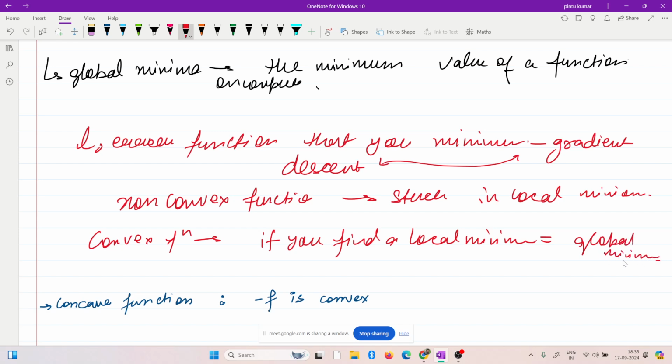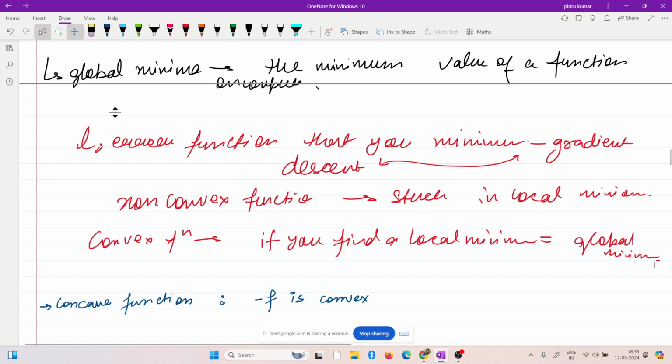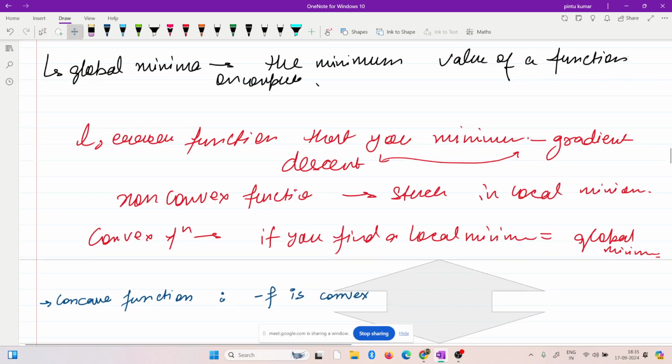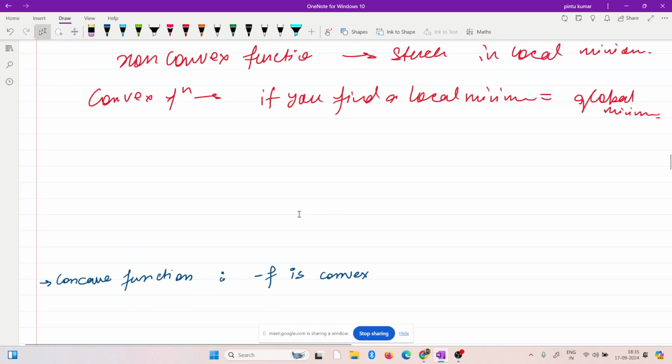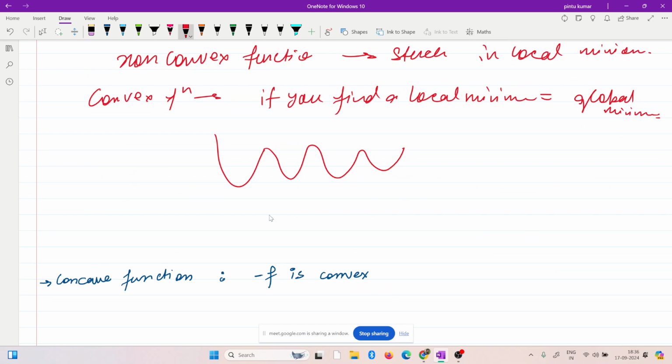Very loosely speaking, if you have a convex function, it will have only one curve like this. It can't have multiple curves like this. So that kind of function is generally convex.